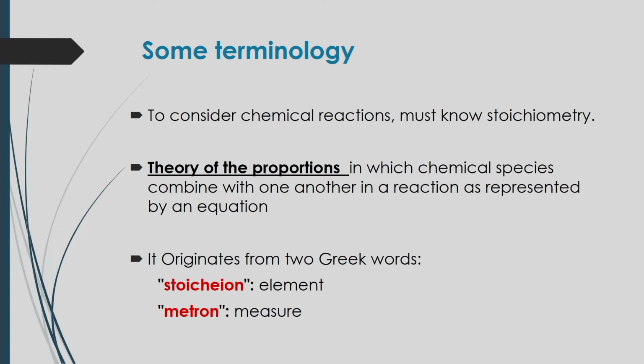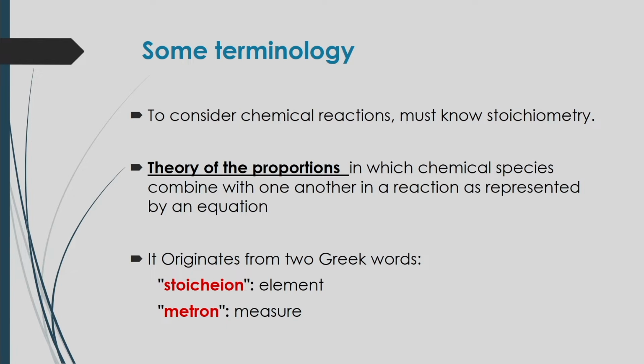Now, before going to that calculation, you have to know some terminology of the reactive system. In this case, to consider chemical reactions, you have to know the stoichiometry of the reaction equation. Now, you know the theory of the proportions in which chemical species combine with one another in a reaction, as represented by an equation, and that will be called the equation of reaction.